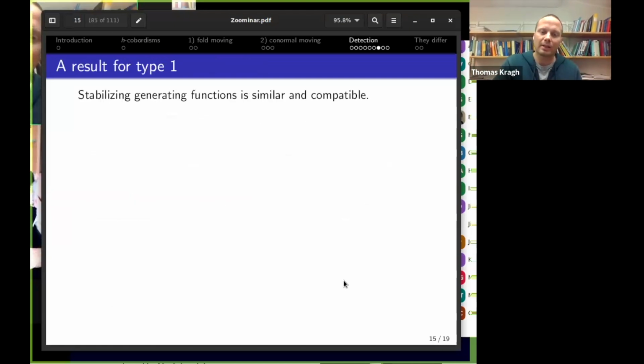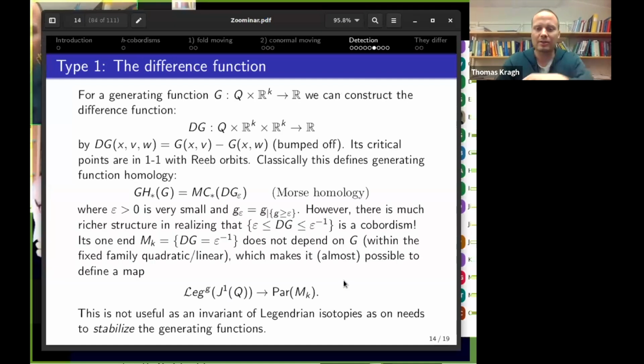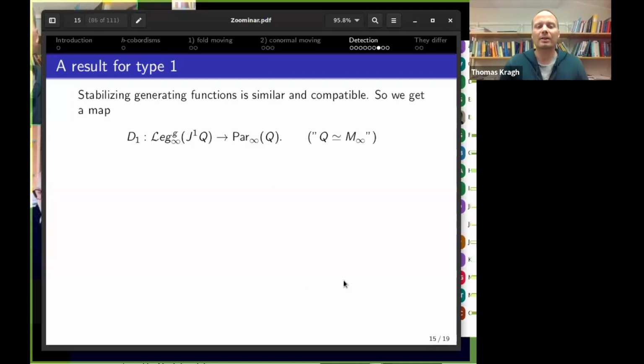Stabilizing the generating function gives you exactly the stabilization on the target as well, on this partition space. So what you end up getting is a map that I'm going to call D1, mostly for detecting type 1, from the space of Legendrians with one of these stable generating functions into the stable partition space of Q.